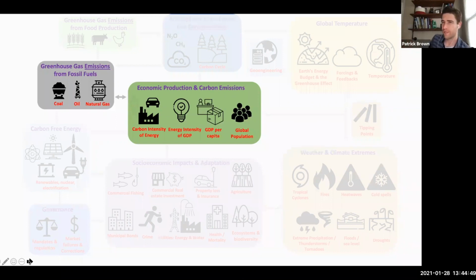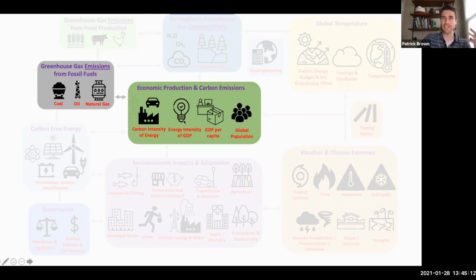One useful way of thinking about how large the global economy is, or how much energy it consumes, is through four different factors. You have global population, and GDP per capita, how rich people are on average, or how many goods and services they consume on average.